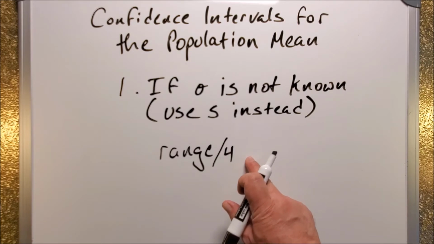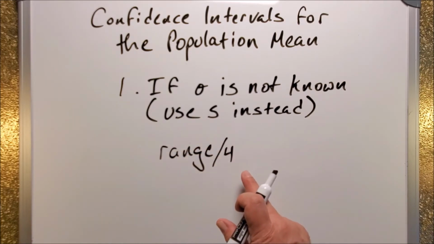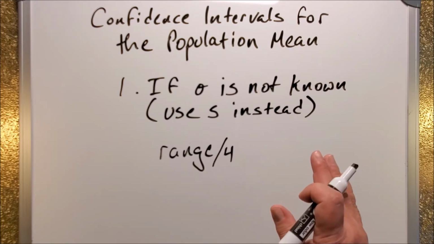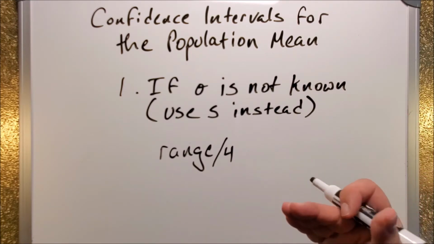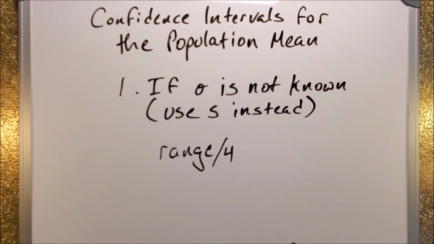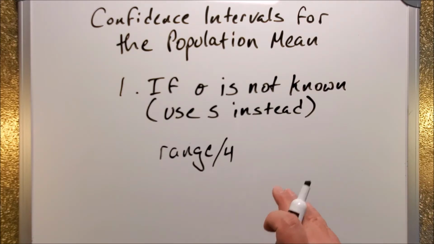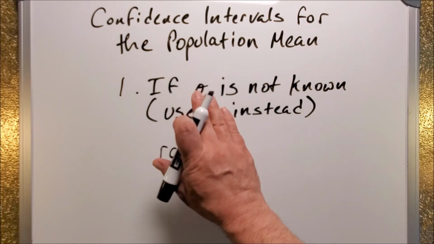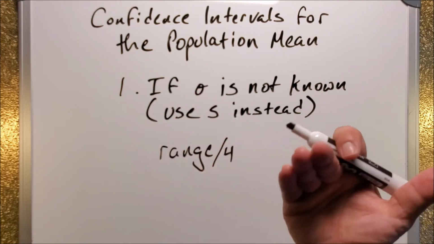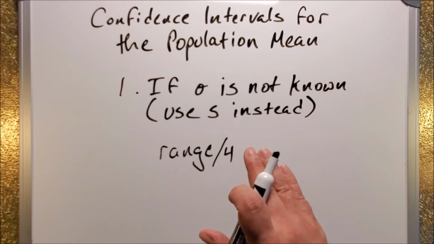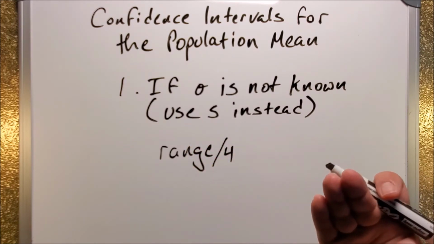But this is obviously really rough and made really inaccurate when you suffer from extreme values or funnily shaped distributions and so on. So this is just a really crude and broad form of estimation if you want to do back of the envelope type calculations. Generally, we go by these rules. We like the population standard deviation, and if it's not available, we use S instead and substitute the t distribution for the normal distribution.